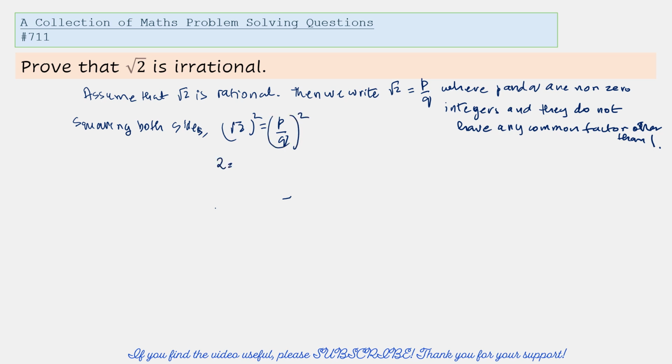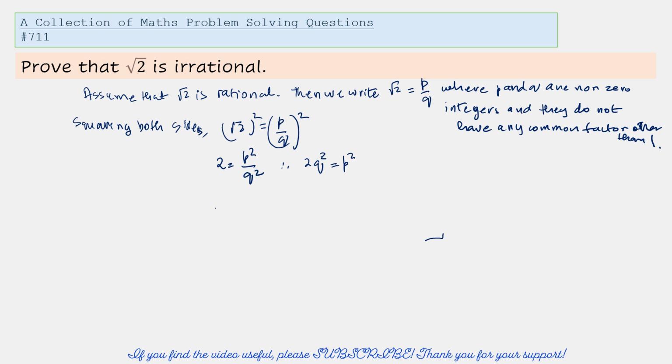So you get 2 equals P square out of Q square. And therefore, 2Q square equals P square.